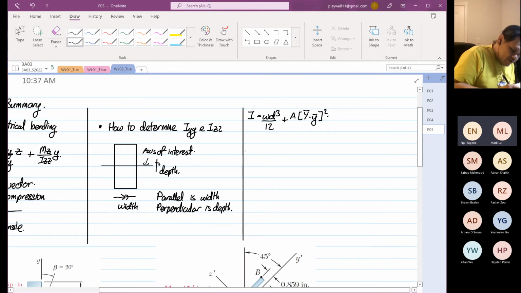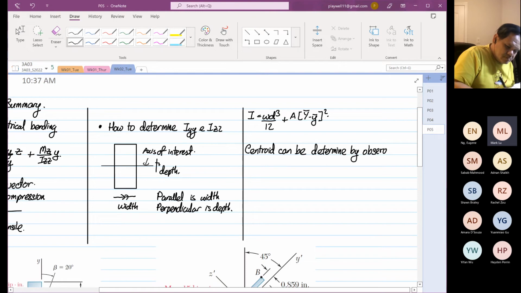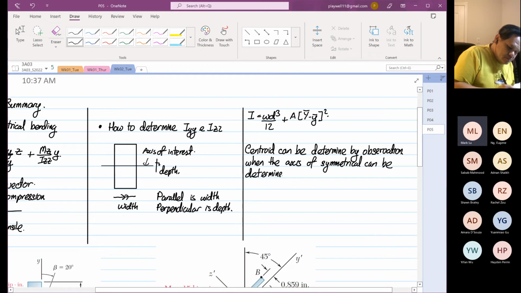Okay, no need to look, the centroid can be determined by observation if or when the axis of symmetry can be determined by eye.